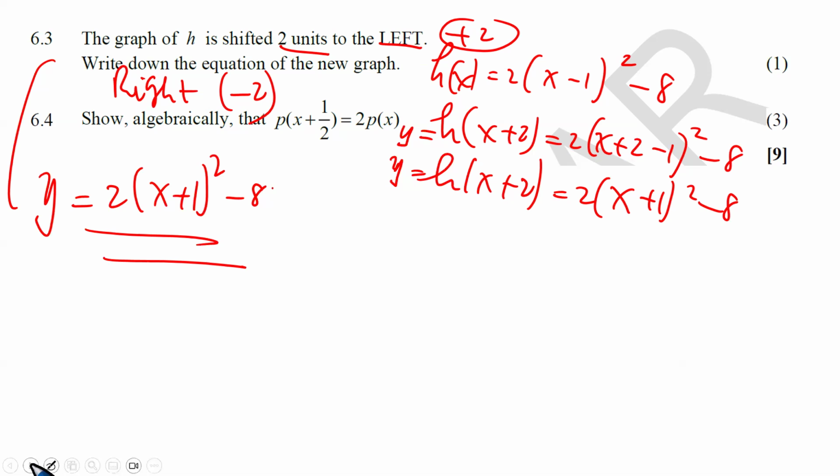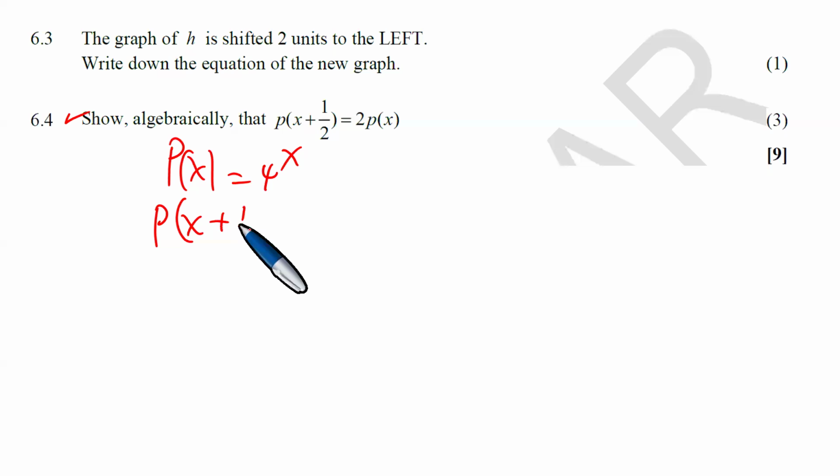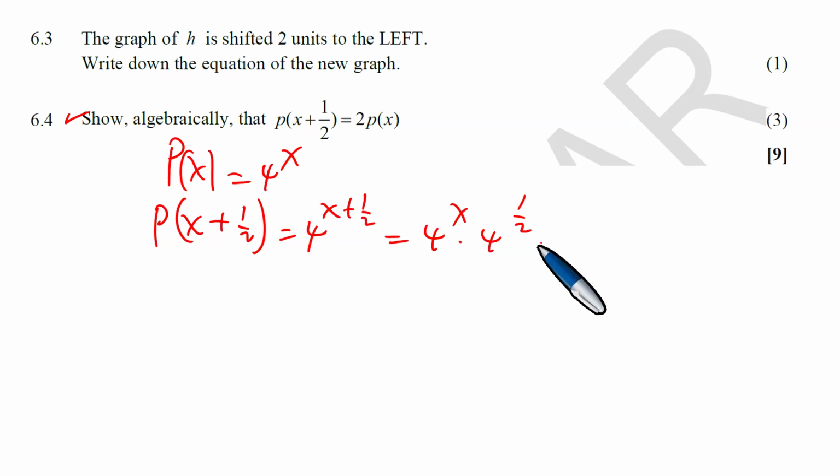6.4. Show algebraically that this is the case. You remember that p of x is 4 to the power x. The examiner is saying, find this. Wherever there is x in the exponential function, you replace it by x plus 1/2, and you can split it like that.